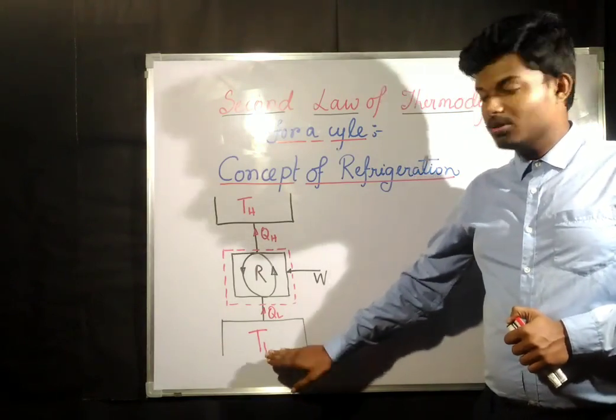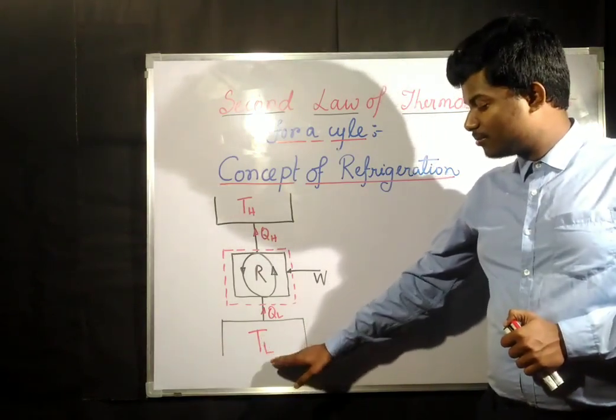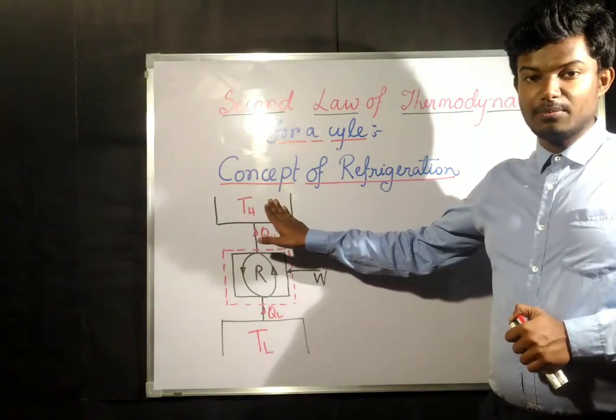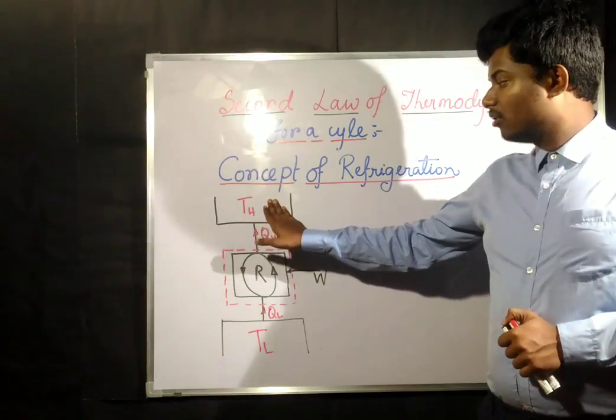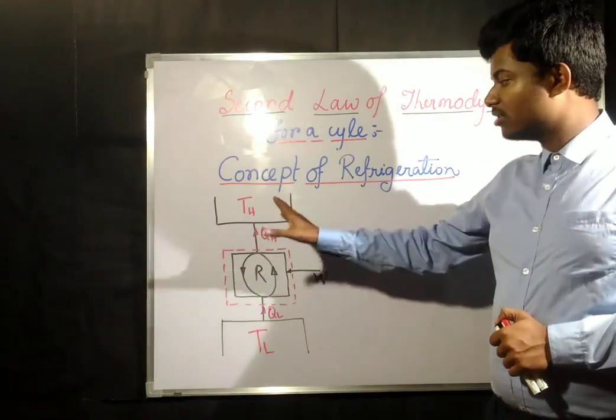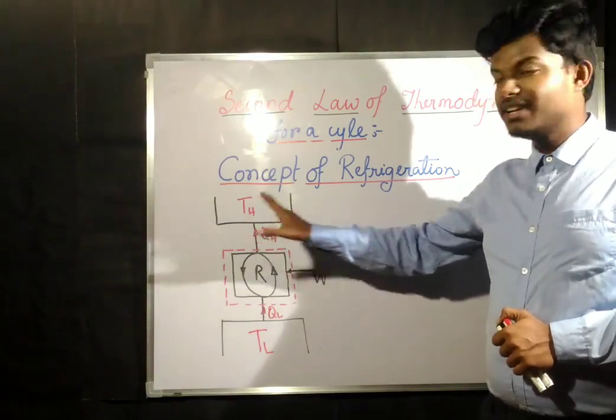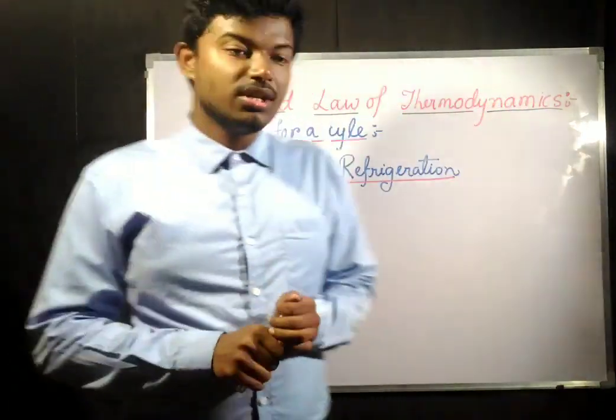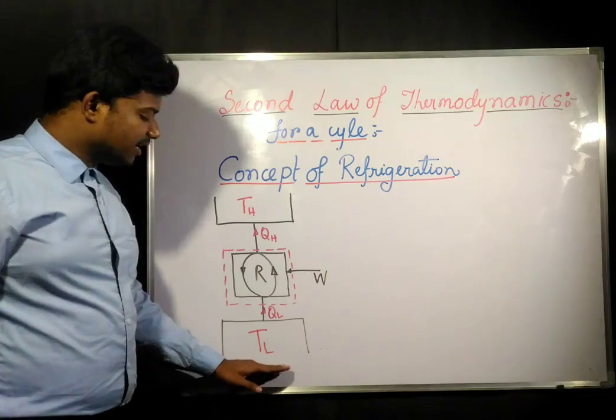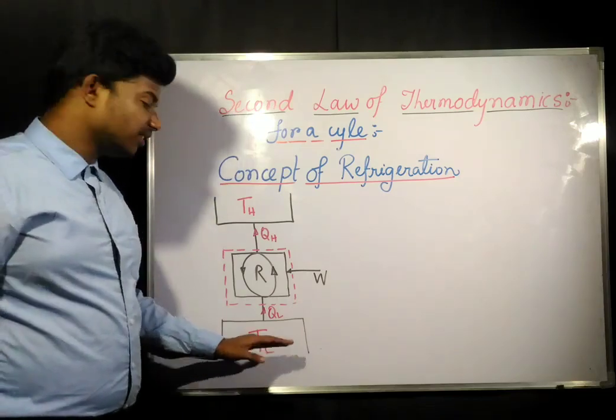This is T low, which is lower than the atmospheric temperature, and this is the atmospheric temperature, or any other surrounding you are going to consider. Now this TL is lower than the atmospheric temperature.